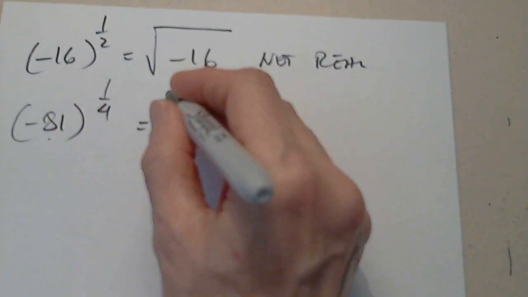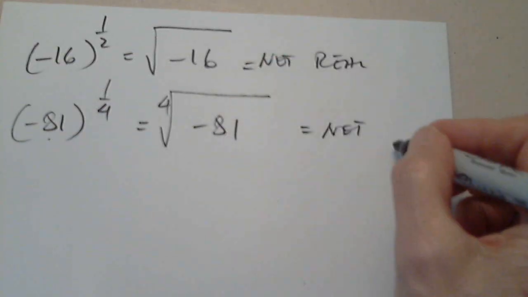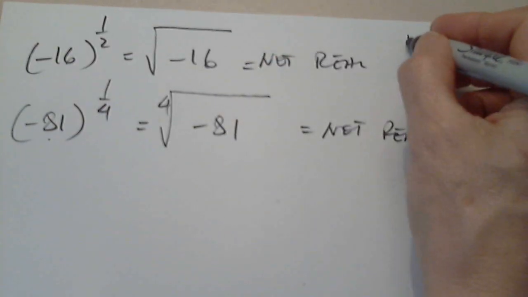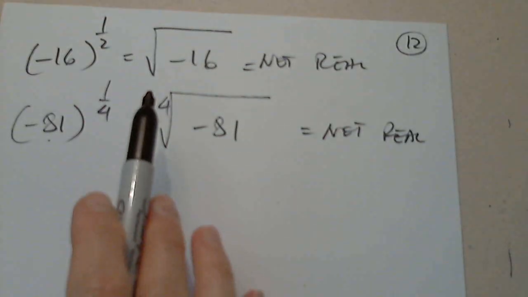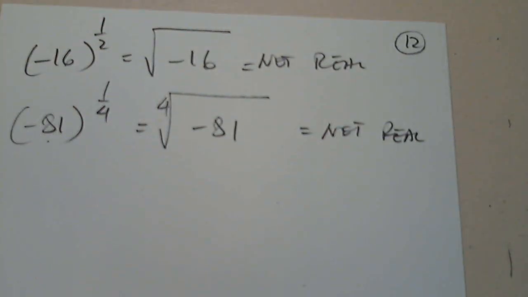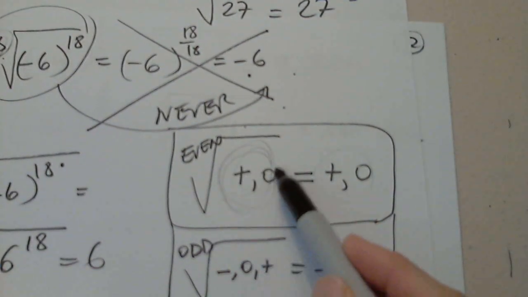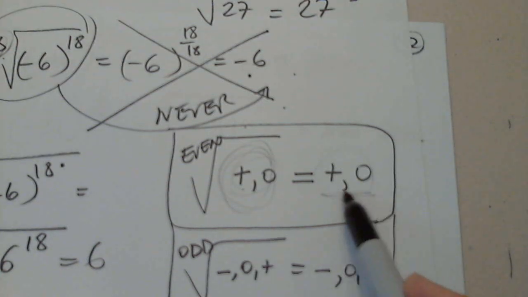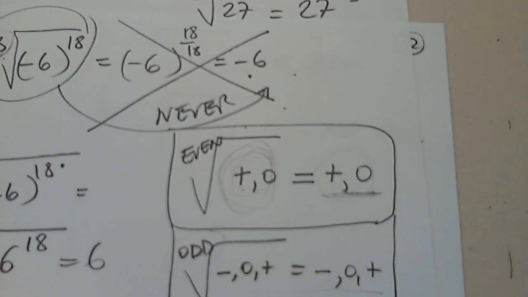So this is the fourth root of negative 81, which is not real. This is an even root of a negative, so you can't. Yes, the even is trouble. Even power requires underneath positive or 0 and requires the answer to be positive or 0. The odd, we don't care.